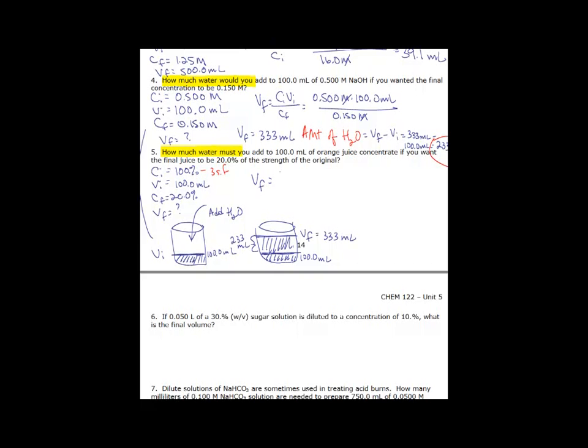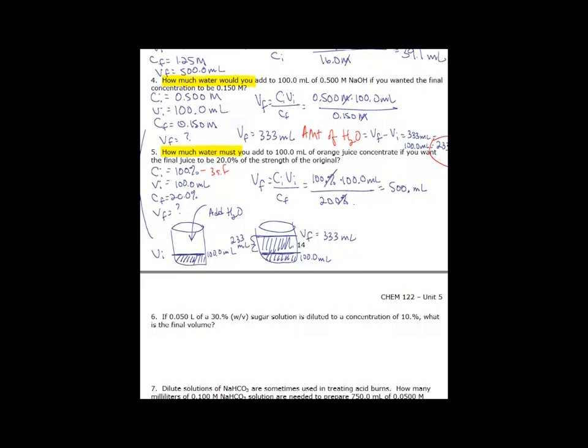So VF is CI VI over CF. So 100% times 100 milliliters divided by 20%. Percents cancel, left in milliliters. We get 500 milliliters is our answer.